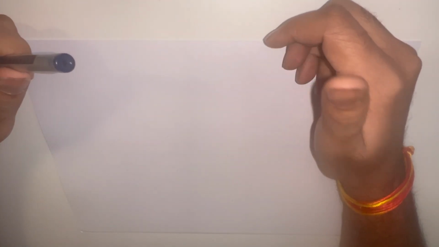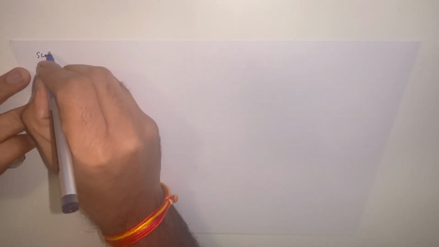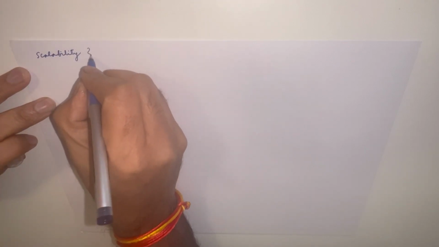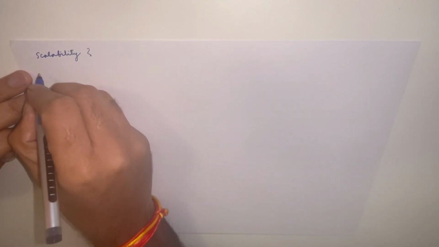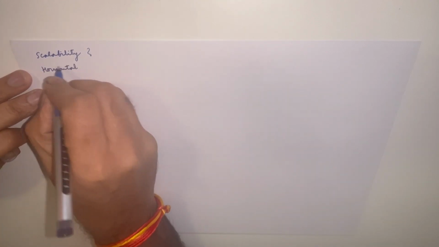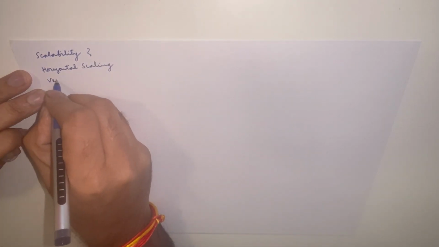In this video, we are going to talk about one of the most fundamental topics of system design, that is scalability. So without further ado, let's get started. We are going to understand what scalability is, and the two different types of scalability: horizontal scaling and vertical scaling.